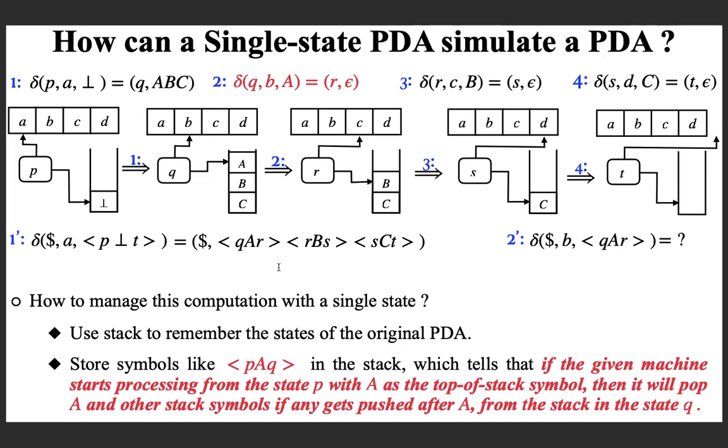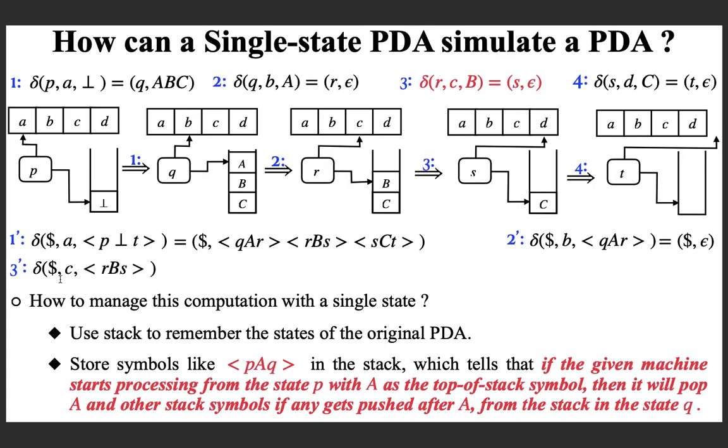Here in this case it is 3 because you have 3 symbols. Here you can note that there are no symbols, so in the RHS this will be epsilon. So it follows the definition. That means if you start in a configuration where Q is the state, A is on the top of stack, then in the next step you take A out of the stack and you land up in the state R. Okay, so in the new machine you don't have to push any triple, and that's it.